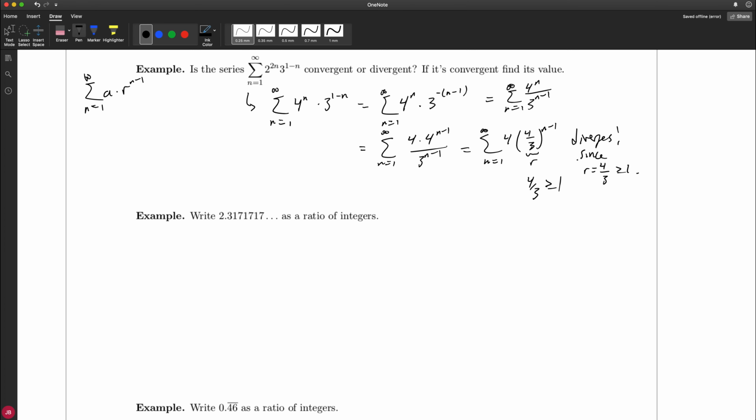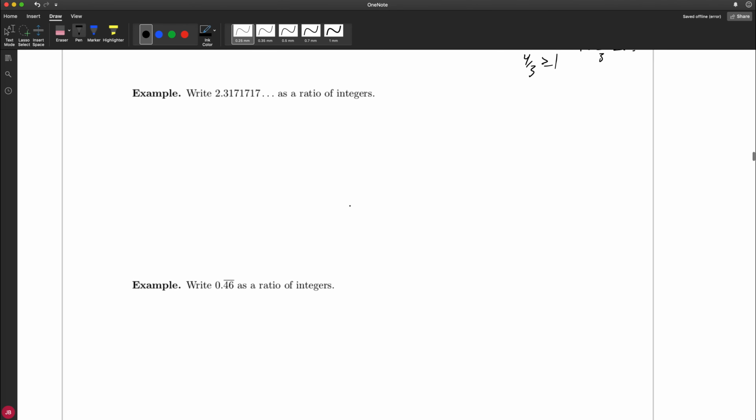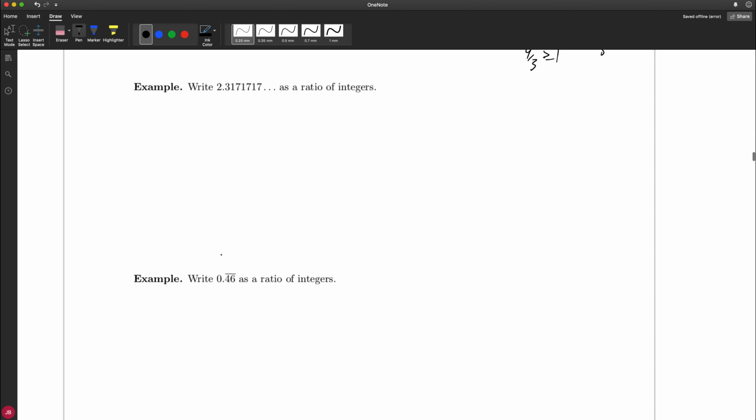Okay, so I like these examples where you take repeating decimals and turn them into fractions. So what you learned way back when you were young is that rational numbers come in 2 flavors. There are those whose decimals terminate, so think like 1/2. That's just 0.5. The decimal has terminated.